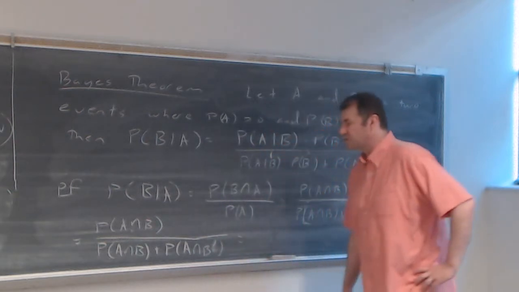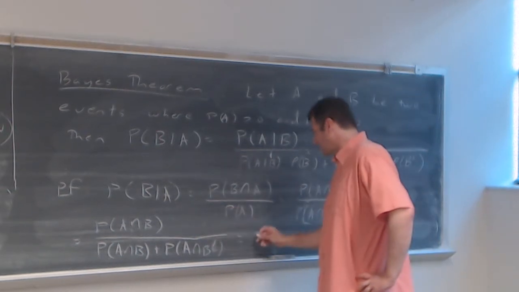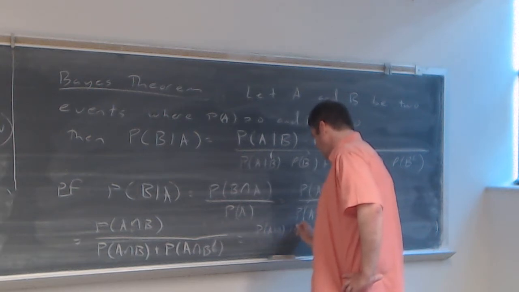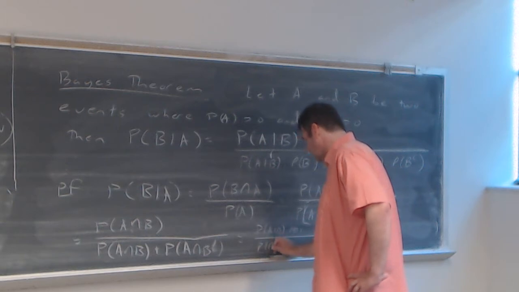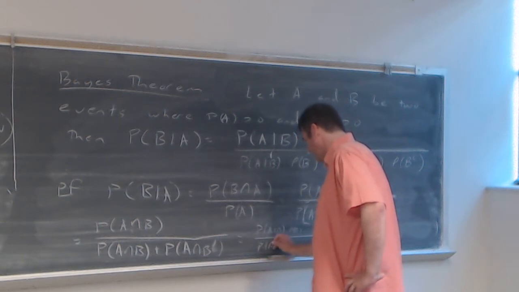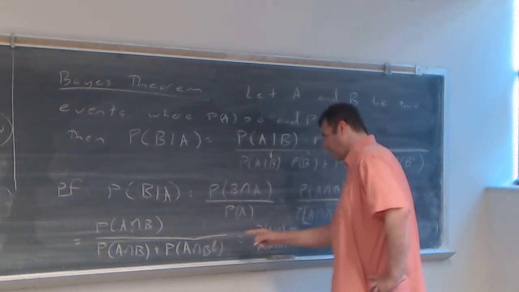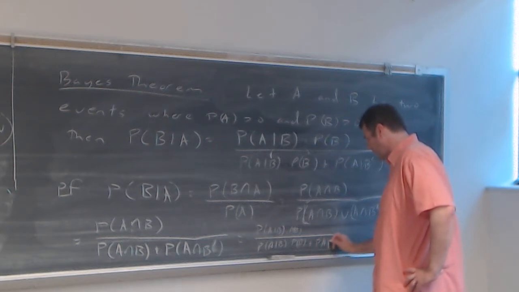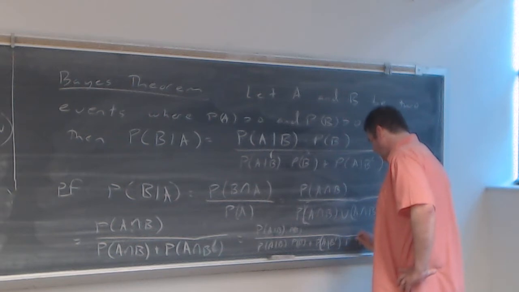Now, using the definition, or fact, I should say, we started this lecture with, recall, the probability of A intersect B is the probability of A given B times the probability of B. And then here's the probability of A intersect B. I'll rewrite it as the probability of A given B times the probability of B plus the probability of A intersect B complement, which is the probability of A given B complement times the probability of B complement.